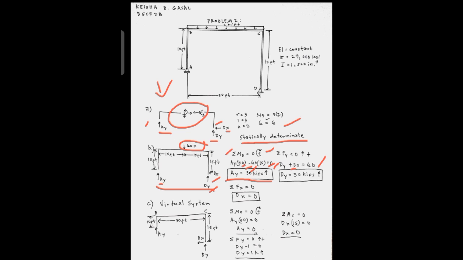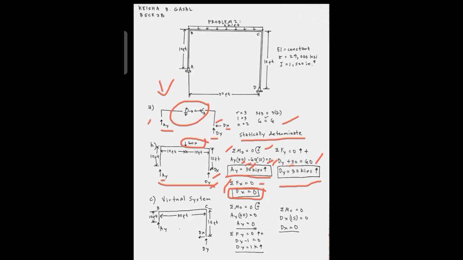So our DY here would be 30 kips upward. For horizontal forces, we have the summation of forces along x is equal to 0, going left positive. Since we don't have any horizontal load given, then automatically our DX here is 0.